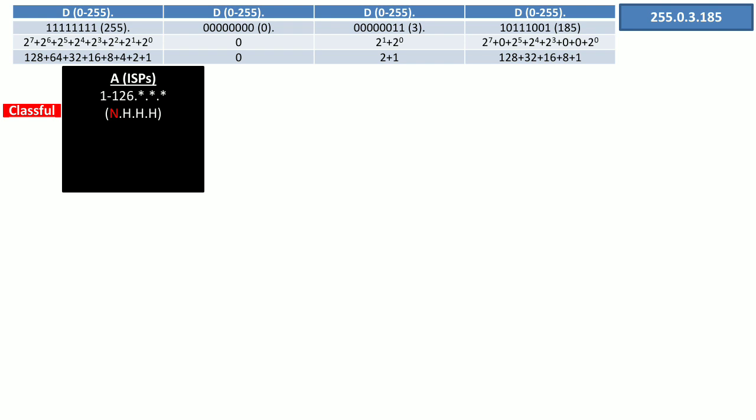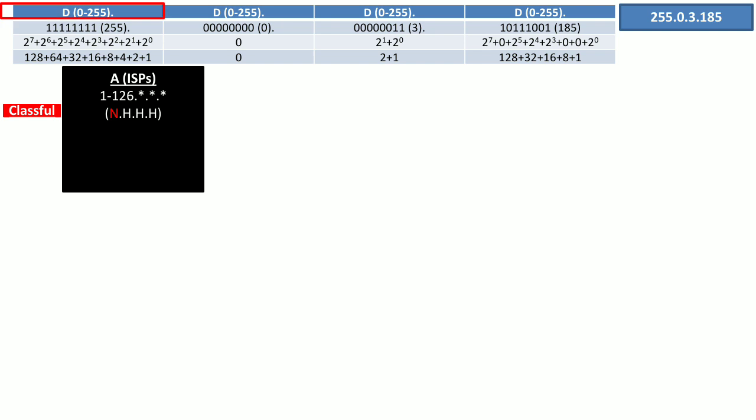So in this class A IP address, the first octet is used for network addressing, and then the remaining 3 octets are used for endpoint address, or host address, in that particular network.